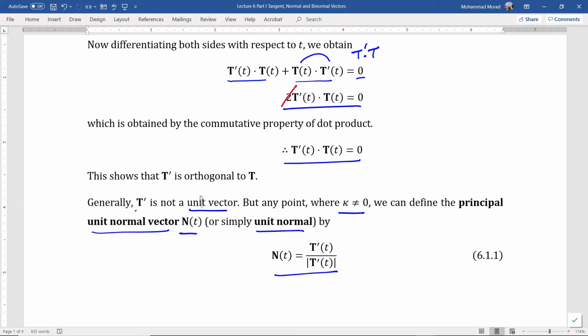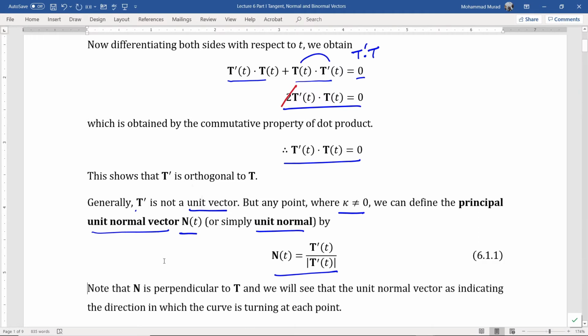So, the unit normal vector is defined to be equal to the derivative of the tangent vector divided by its magnitude.